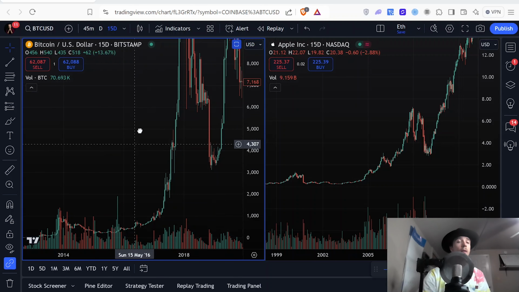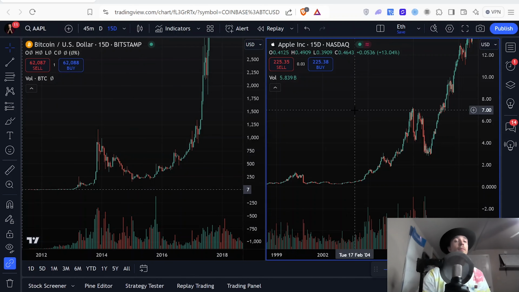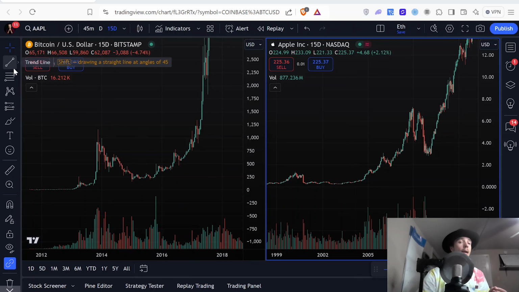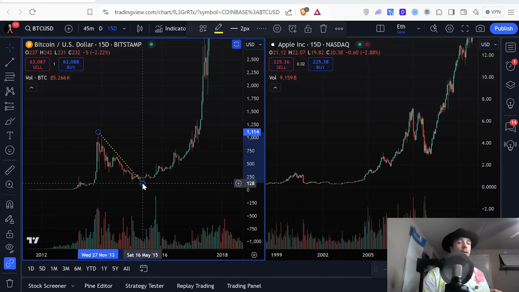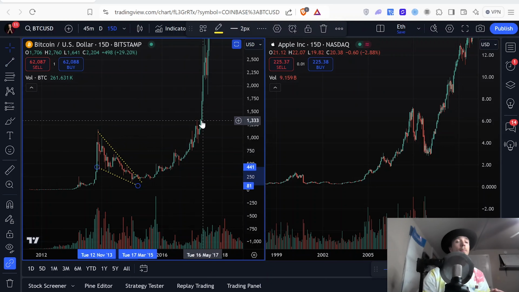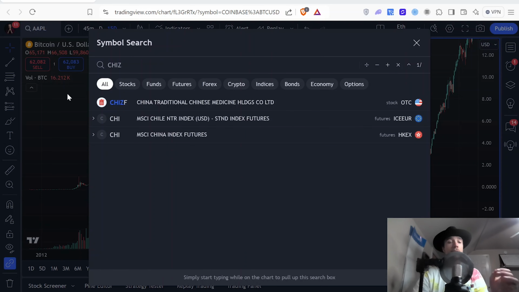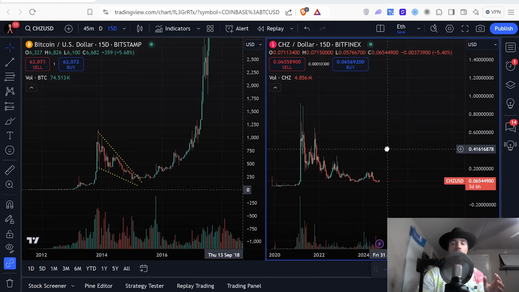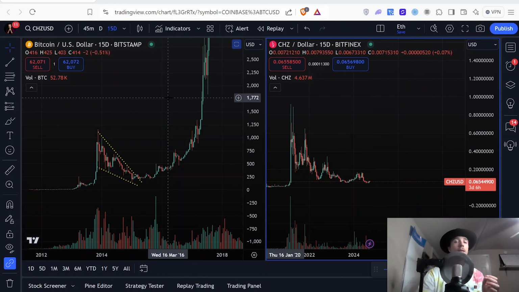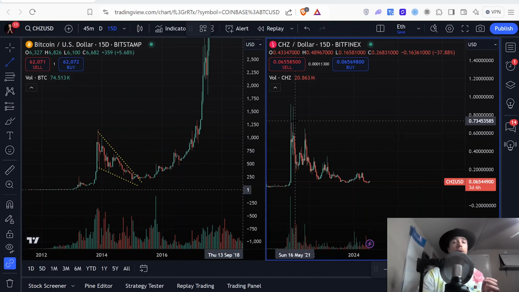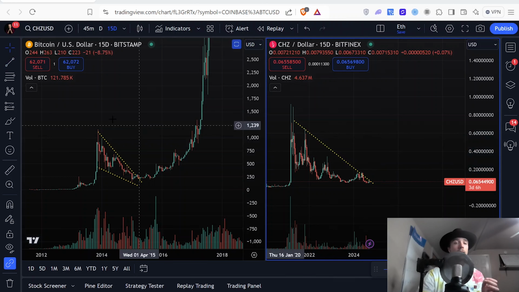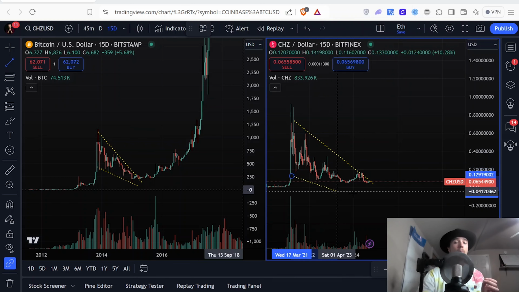They're super profitable. I mean, over here on the left, we have Bitcoin, and this right here was a big falling wedge. There was a rounded bottom here, but there was also a falling wedge. And a great example of one of these wedges is Chiliz. So if we pull up Chiliz here, you can see another example of one of these falling wedge patterns, just like what happened to Bitcoin back in the day.